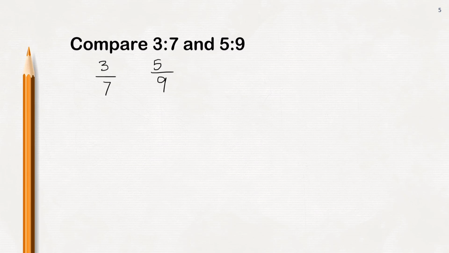So what is the LCM of 7 and 9? LCM of 7 and 9 is 63, right? So here 3 by 7, 7 what times is 63? 9 times is 63. Similarly, 3 into 9 we'll have to multiply. So 3 9 times is 27 and 7 9 times is 63.